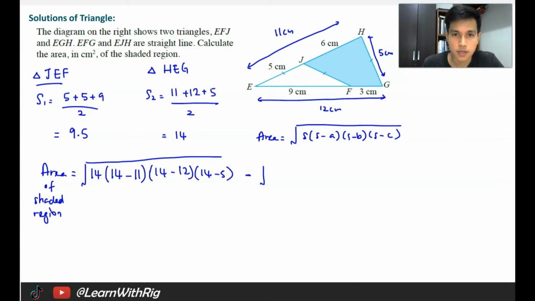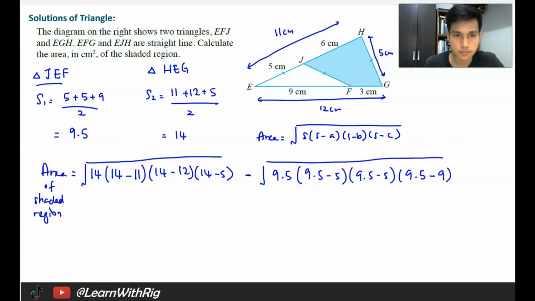So in this case it is 9.5 times 9.5 minus 5, 9.5 minus 5 again, 9.5 minus 9, square root the whole thing, equals, you should get 6 square root 21 for the first one, minus 9 square root 19 over 4. I'm just using the calculator, so that's the answer that I got. And the final answer is 17.6879 cm square.